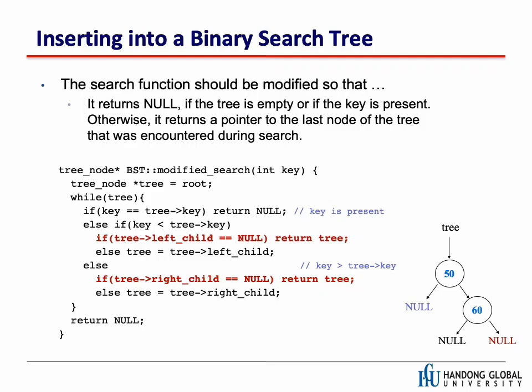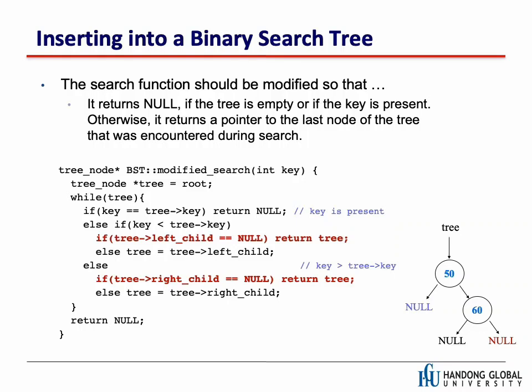Let's say we are adding a new key, say 70. Tree is currently pointing at 60. 70 is larger than 60, so we check the right child, and in this case the right child is null, so we return a pointer pointing at the node 60.